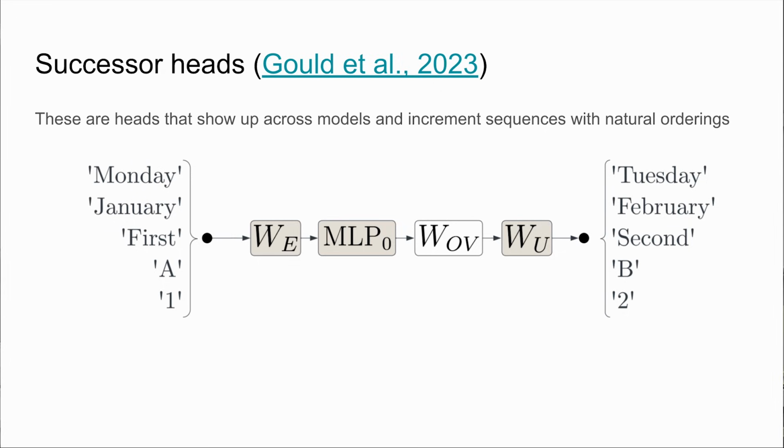Another attention head based one are successor heads. These are heads that show up all the time, probably in the biggest and some of the smallest models. They represent concepts like Monday, so days of the week, days of the month, months of the year, first, second, third, ABC, numerals, etc. These are all unified under natural orderings.